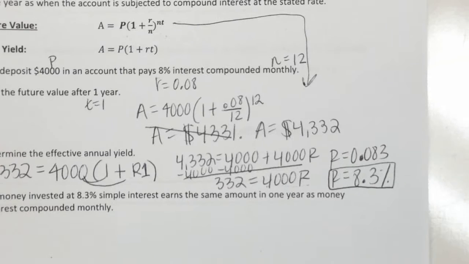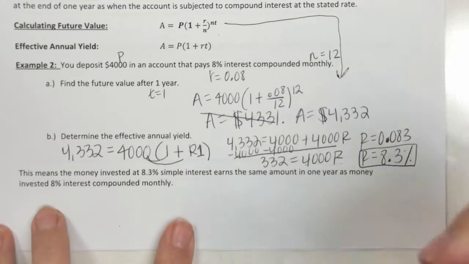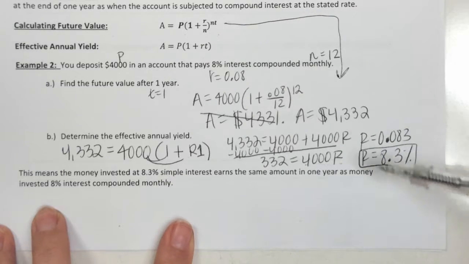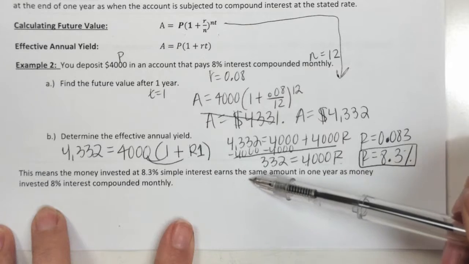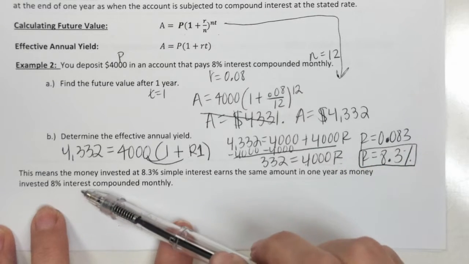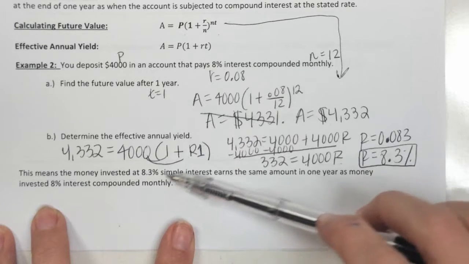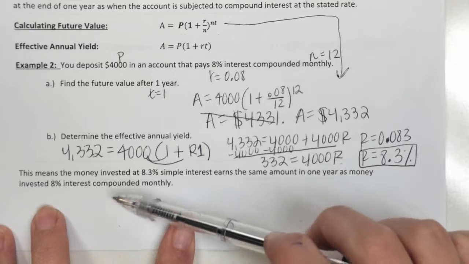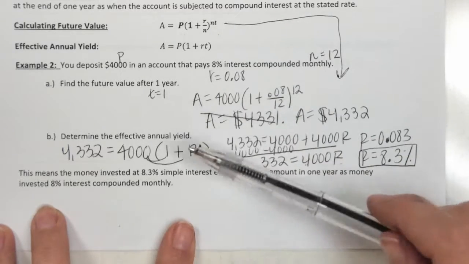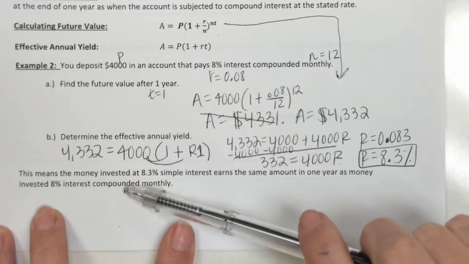So what this means is that the money invested at 8.3% simple interest, so you're just paying on the interest, earns the same amount in 1 year as the money invested at 8% interest compounded monthly. So we've discussed the difference between simple and compound interest, in that if you want to get the most bang for your buck, you would invest in a bank that has compound interest.